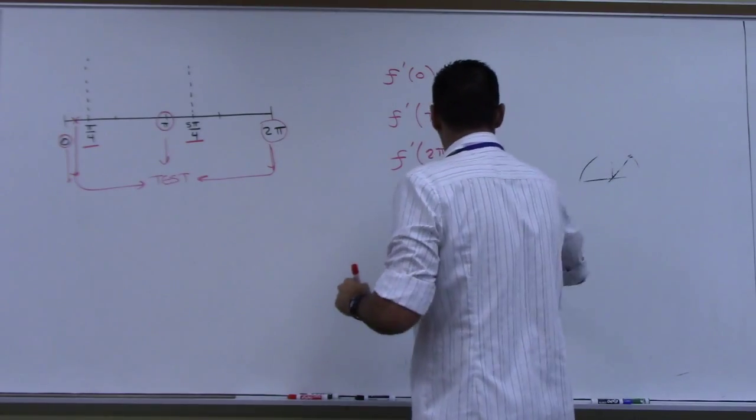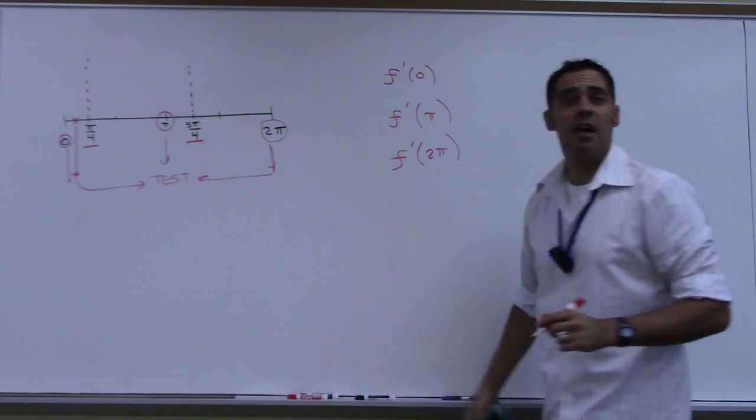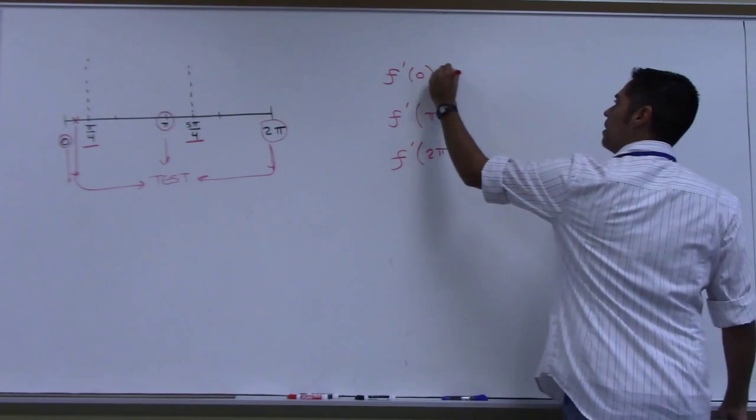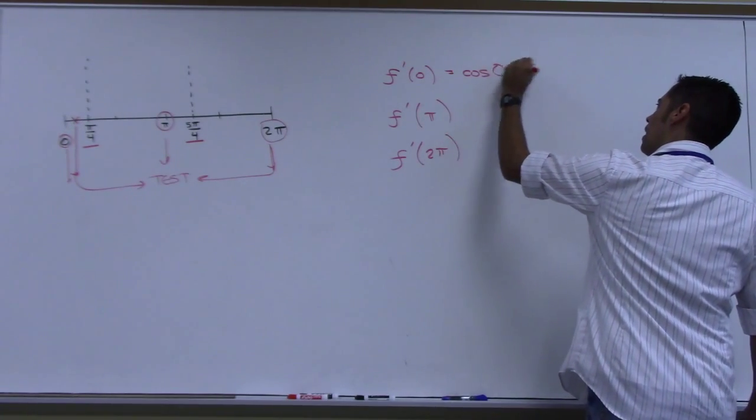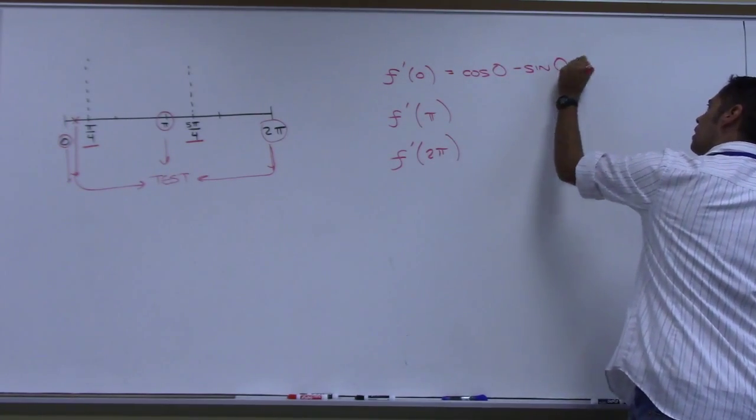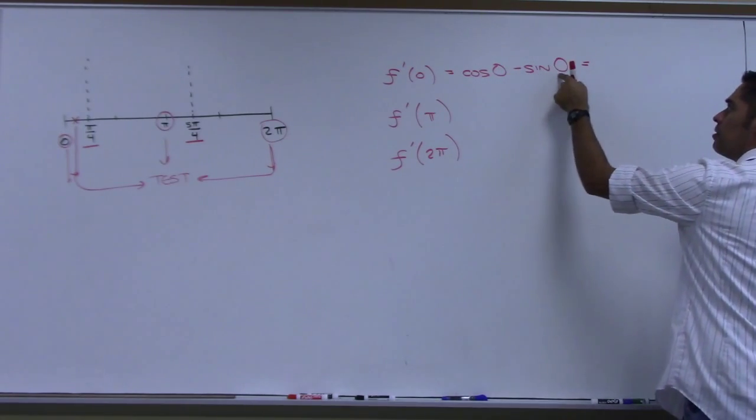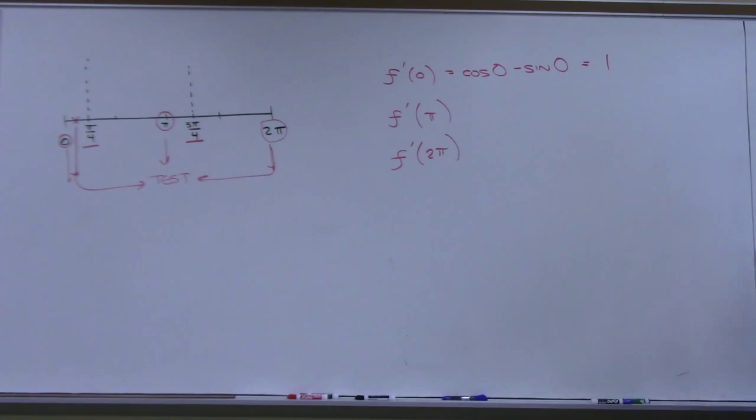The derivative was cosine x minus sine x. So this is going to be cosine 0 minus sine 0. Cosine of 0 is 1, sine of 0 is 0, so this is 1. All I care about is the fact that it's positive.